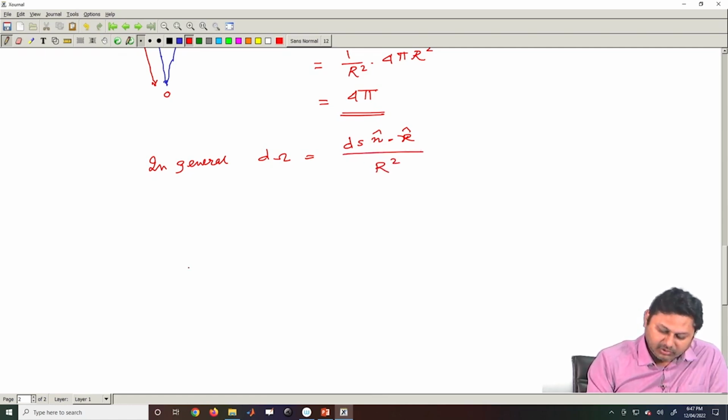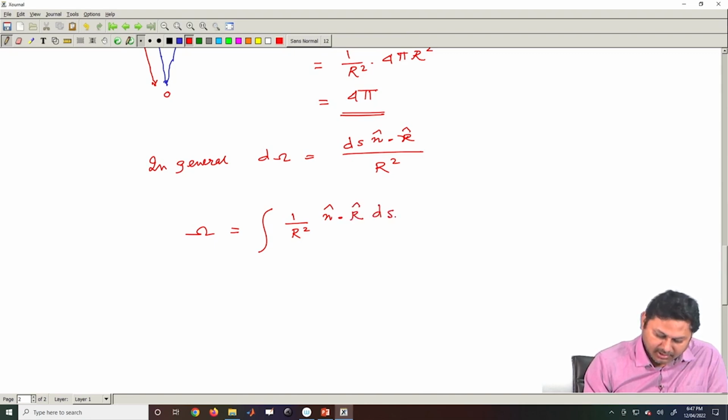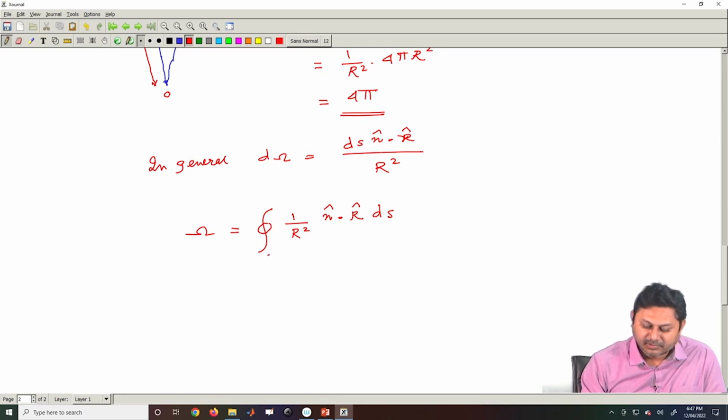If I want to find out the total solid angle omega, then I need to integrate it, and it should be 1 by r square and then n dot r unit vector ds, and if it is a closed region, then I should have a closed surface integral here. Okay, this is a closed surface integral. So, that is the definition we know.